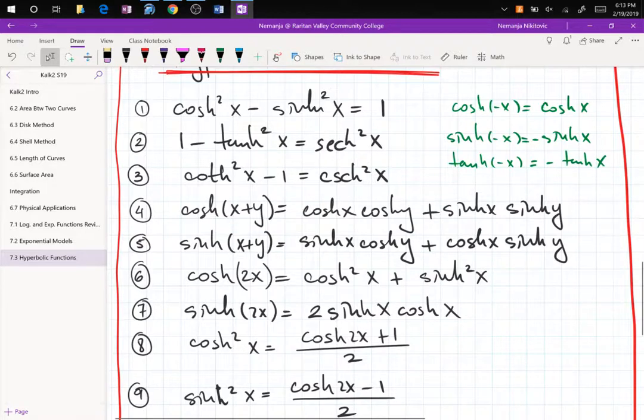This one is the same. Sine 2x is 2 sine x cosine x, right? That's the same. So number 7 is identical. And number 5 is identical as well. This one is missing a minus sign. So that's the problem right there. So these are hyperbolic identities, and you use them to prove hyperbolic identities problems.